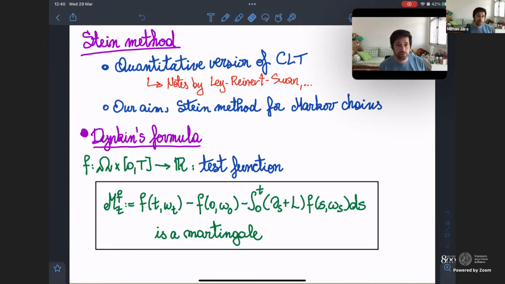So to really go into the central limit theorem and get a speed of convergence.